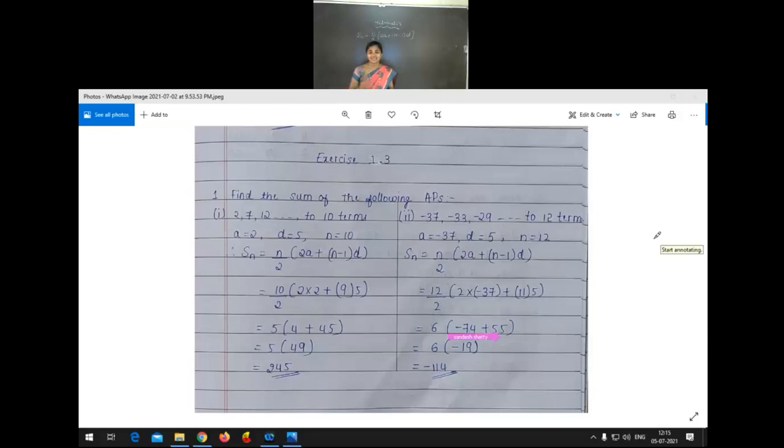This is the formula. Now your second question is, if we want to find out the sum of first n natural numbers, we can use the same formula for that also. But we have one simplest formula to find the sum of first n natural numbers. Who is going to tell that formula?